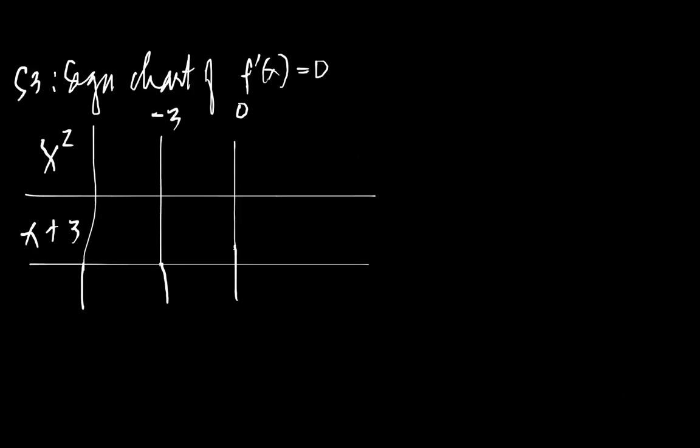Magzi-zero siya dito, magzi-zero siya dito. Since x are positive, these are positives. Negative, positive, positive. And then, since product sila, so minus, plus, plus.